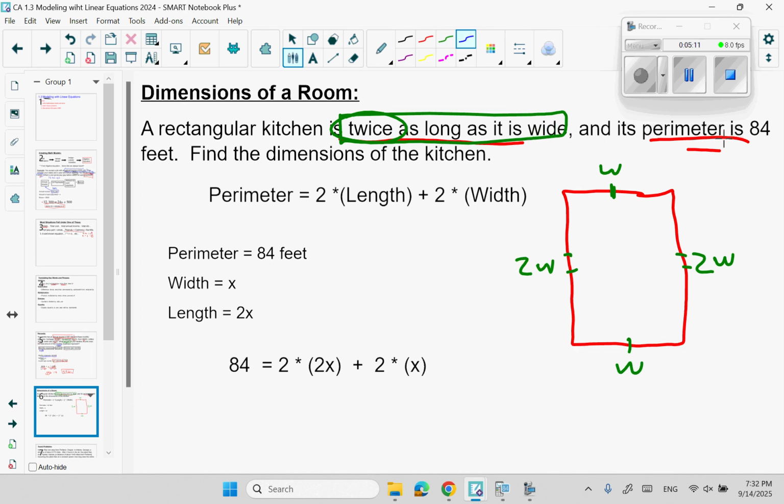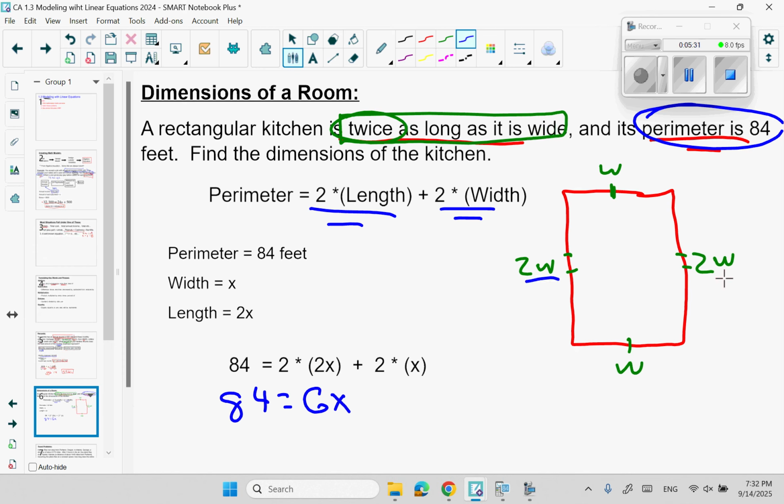And then it's talking about perimeter. So perimeter means I can either do one value times 2 plus 2 times the other one, or just add them up all together. Either way, we would get 84 as the perimeter equals 6w. You can either do 2 times 2w because I have 2w, 2w, and 2 times w, or you can just add them all up.